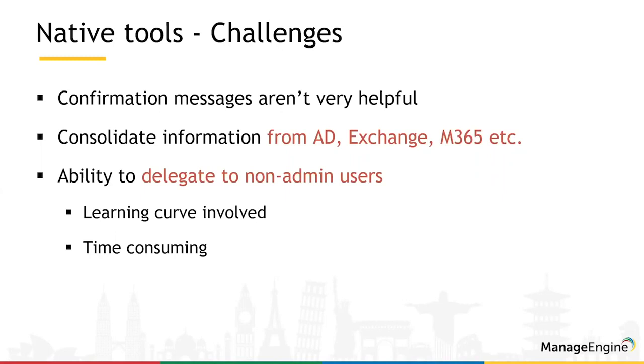The problem in consolidating information is not something that we can overlook, because when you try to generate a report, you'll have to use, let's say, a console for Exchange, another console for 365, and another console for Active Directory. And if you have G Suite, yes, you have another console for that. Consolidating information is kind of a trick by itself.